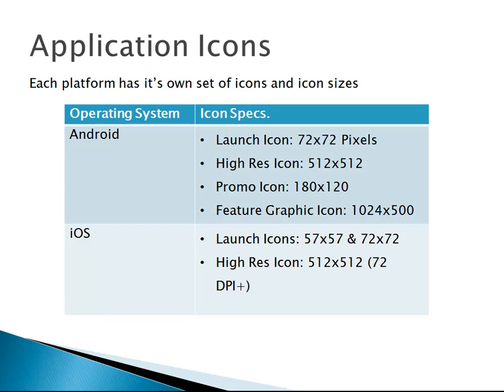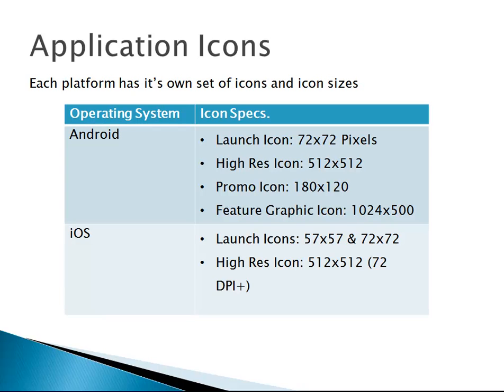Application icons. Okay, so each platform has its own set of icons, and it has to be the right size or your app and its page will not look right. So for Android, we have the launch icon, which is basically the main icon that'll be put on the user's device's desktop. That should be 72 by 72 pixels.